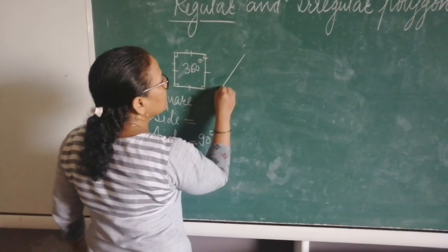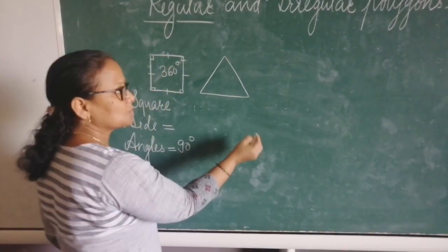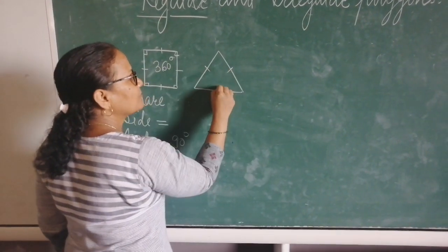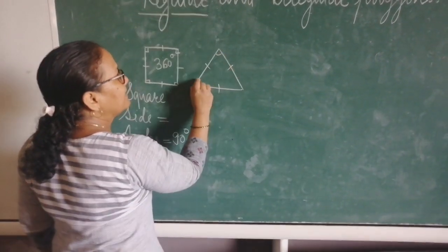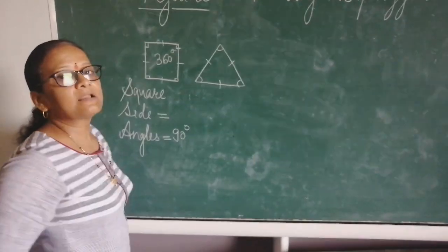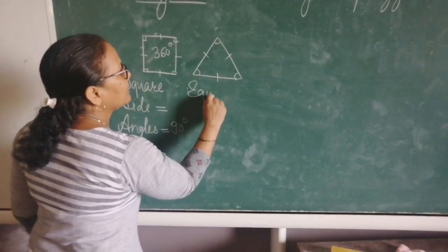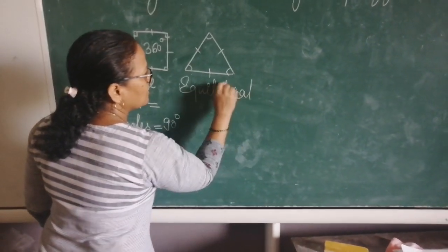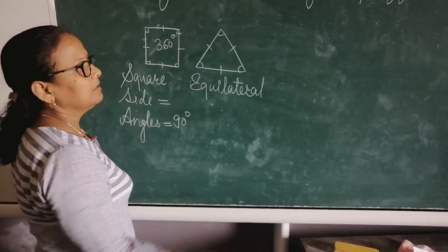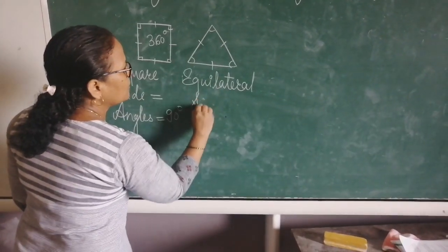In the same way, take the equilateral triangle. In an equilateral triangle, all the sides are equal and all its interior angles are also equal, and therefore it is also considered a regular polygon.